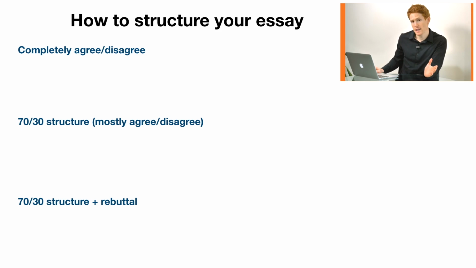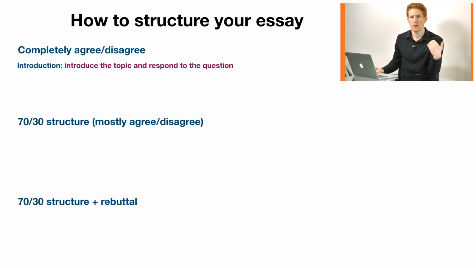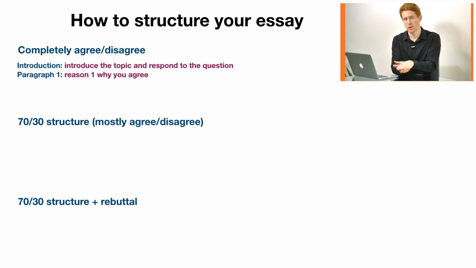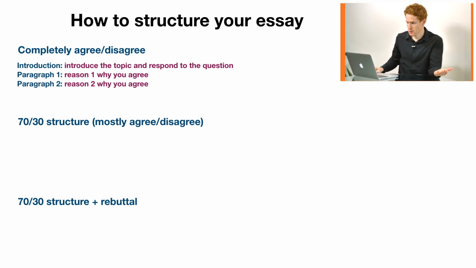For the completely agree or disagree essay structure, which is the most basic, you have your introduction where you introduce the topic and you respond to the question. You have paragraph 1 where you say the first reason why you agree or the first reason why you disagree, if you completely disagree. And then the paragraph 2, you have the second reason why you agree.